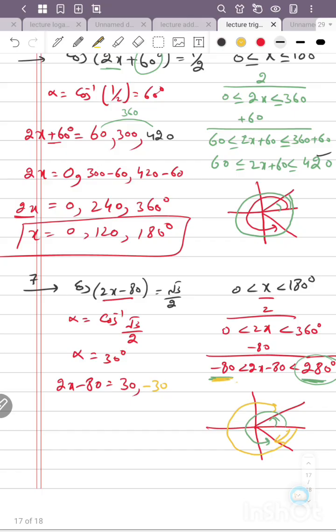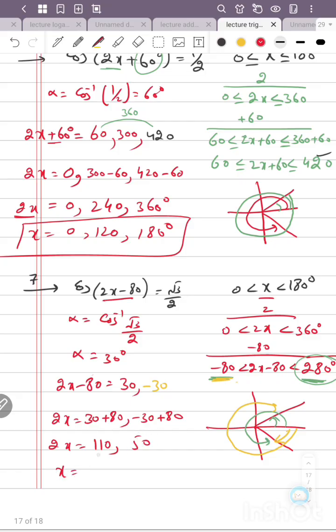Now we have to write the answer: 2x minus 80. On the other side it will be subtracted, because on the left side 80 is negative and on the right side it will be positive. Add the 30. So 80 minus 30 plus 80 gives 110 minus 30 plus 80, and we get 50.